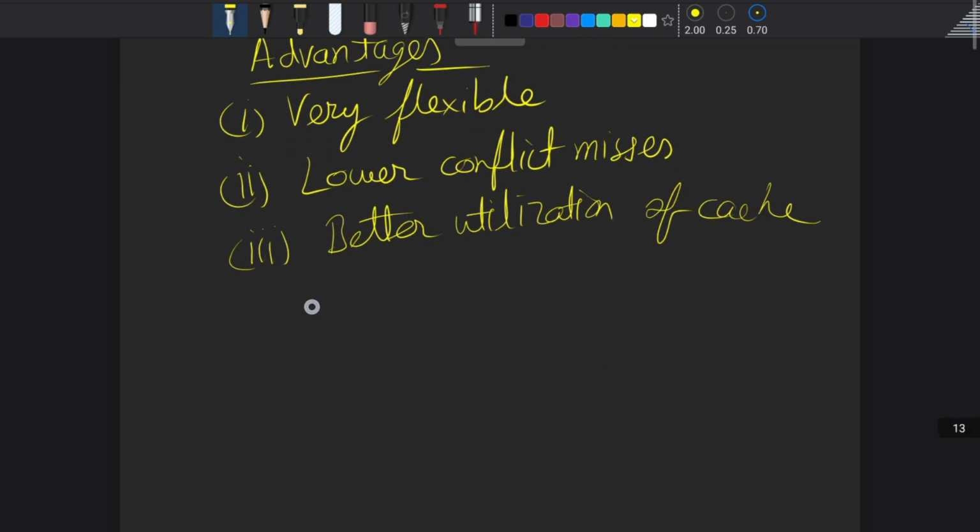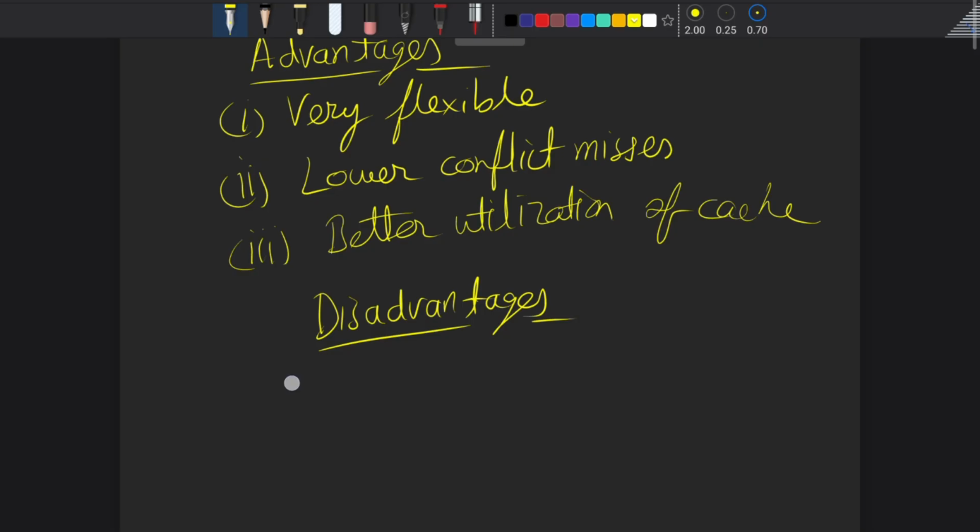Now let's look at some disadvantages. Yes, associative mapping also has some disadvantages. As we have seen, it is quite flexible, it leads to lower conflict misses, and it has better cache utilization. But you must have noticed that the cache memory also stores the address, and the CPU looks for the tag, which specifies the block number, each time it looks for the data in the cache memory.